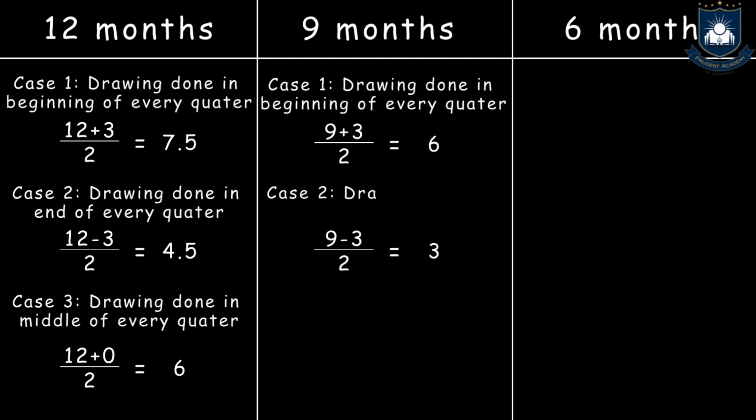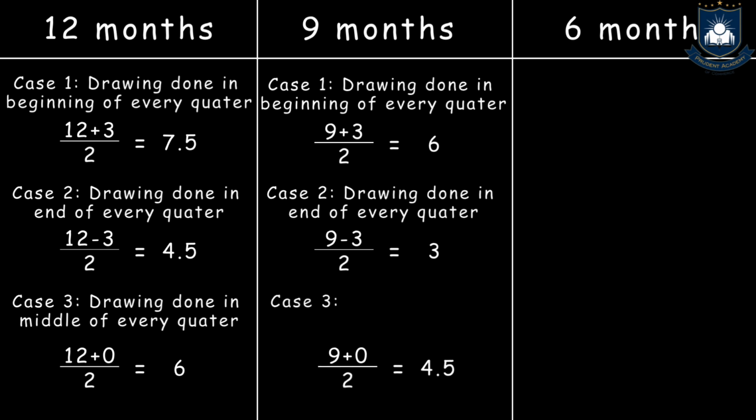Next situation, if the drawing is made at the end of every quarter, then 9 minus 3 divided by 2, which is 6 by 2, equal to 3 months. And the last situation, if the drawing is made at the middle of every quarter, then 9 plus 0 divided by 2, which is 9 by 2, equal to 4.5 months.